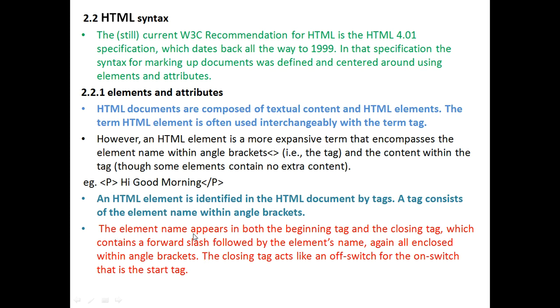The element name appears in both the beginning tag and the closing tag. This is a beginning tag and this is a closing tag, which consists of a forward slash followed by the element's name, again all enclosed within the angle brackets. It represents the closing tag.